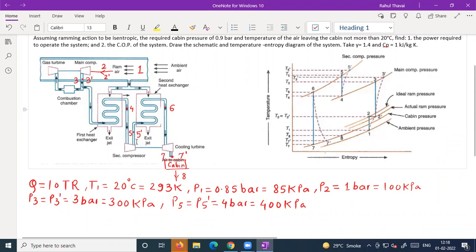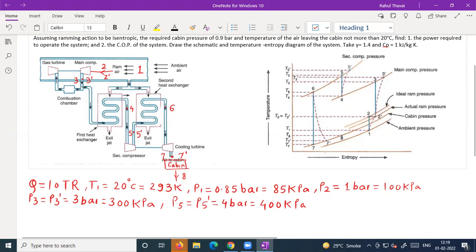Now see what happens in a heat exchanger, the secondary heat exchanger. Only the air gets cooled. Whether it's the first heat exchanger or the secondary heat exchanger, only the temperature gets lowered. But what happens with the pressure? Obviously pressure remains constant.